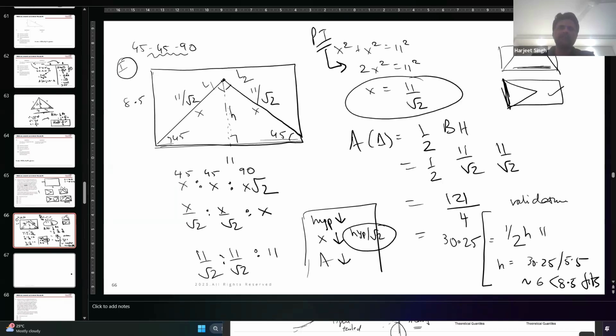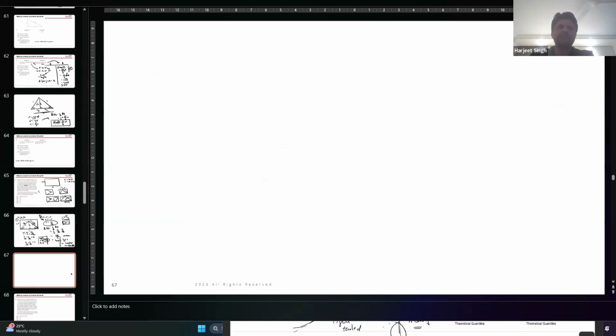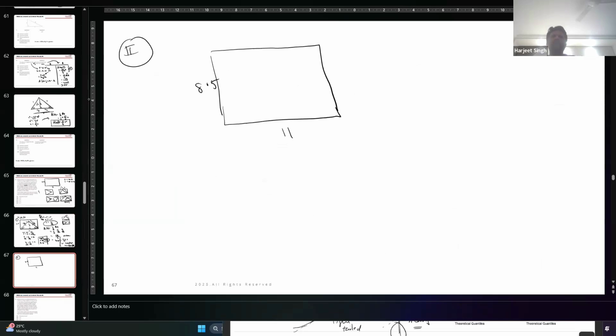Now we have the second part, which is the equilateral triangle. So let's draw the rectangle again. Let's say 8.5 and 11. Now, if I take 11 as the side, how will the equilateral triangle look?